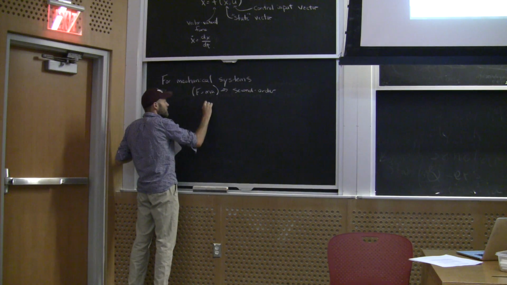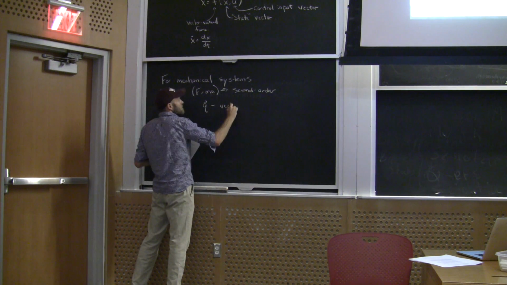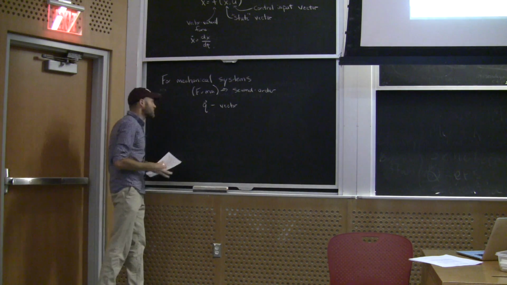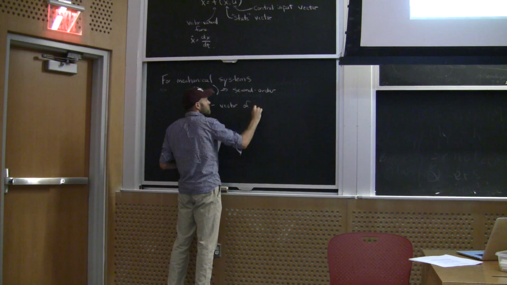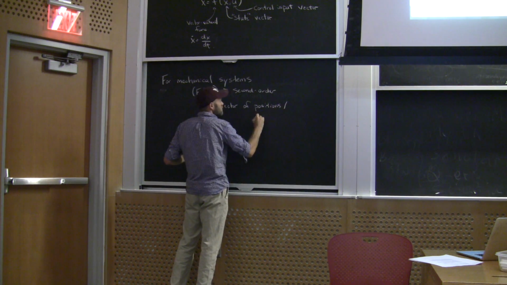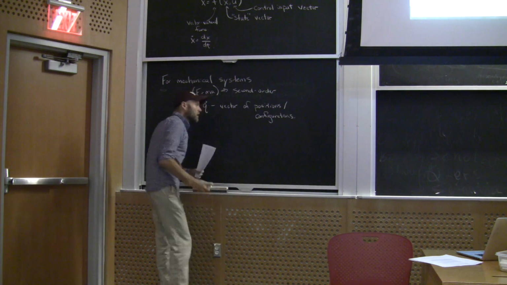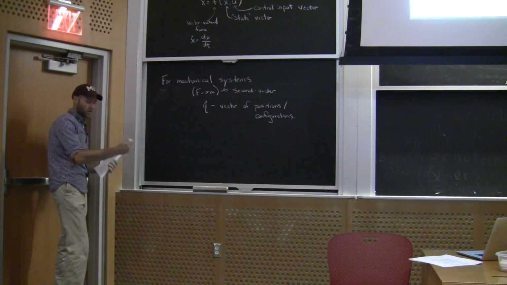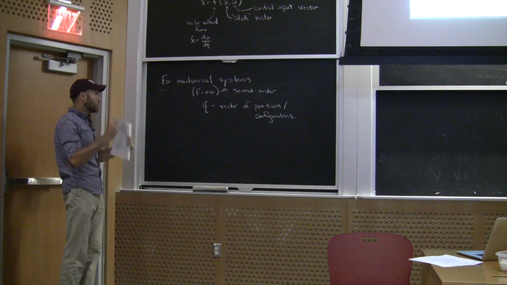If we're going to say Q is a vector of positions or configurations of my robot. So that could be a list of all the joint angles, for instance, of a humanoid robot.